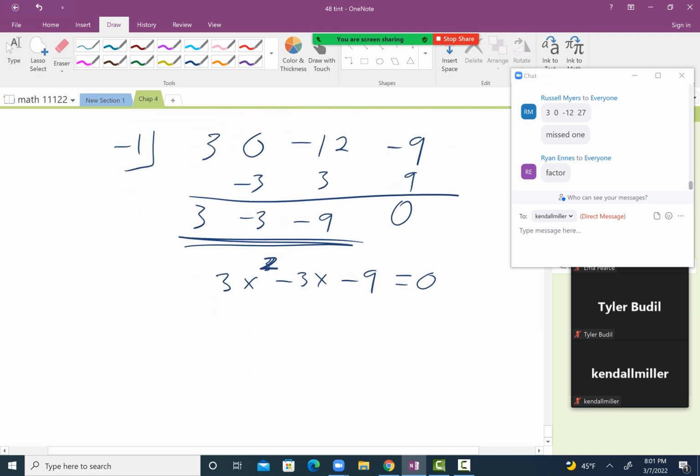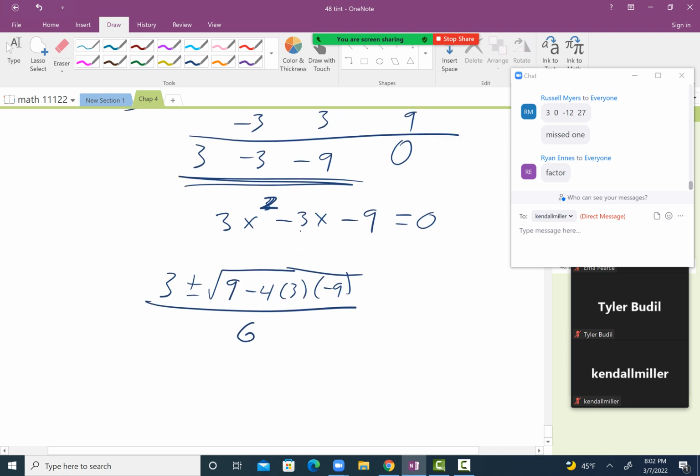And we can use the quadratic formula, right? So we're going to get 3 plus or minus the square root of 9, because that's 3 squared, minus 4 times 3 times -9, all over 6, 2 times 3.